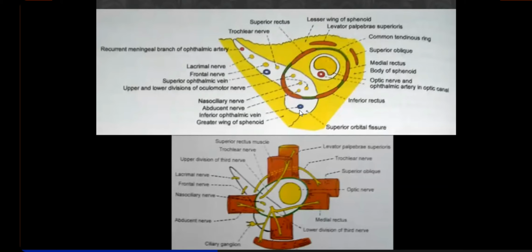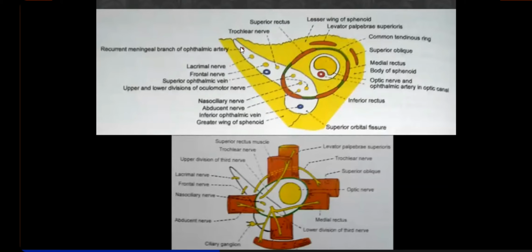Or it might have both: the inferior ophthalmic vein will give a twig to the superior ophthalmic vein so as to drain partly into the cavernous sinus, and partly it will pass through the inferior orbital fissure to drain down into the pterygoid venous plexus. Got it?